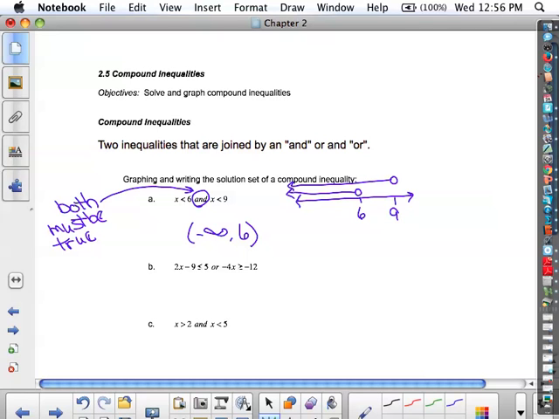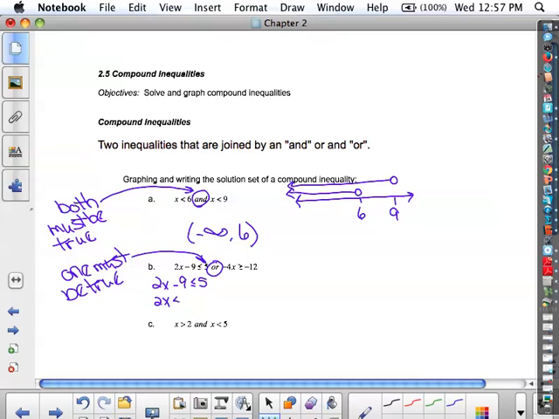Okay, the next is an "or", which says 1 must be true. So if it's an "or", 1 must be true. So we can solve these two. I have 2x minus 9 is less than or equal to 5.